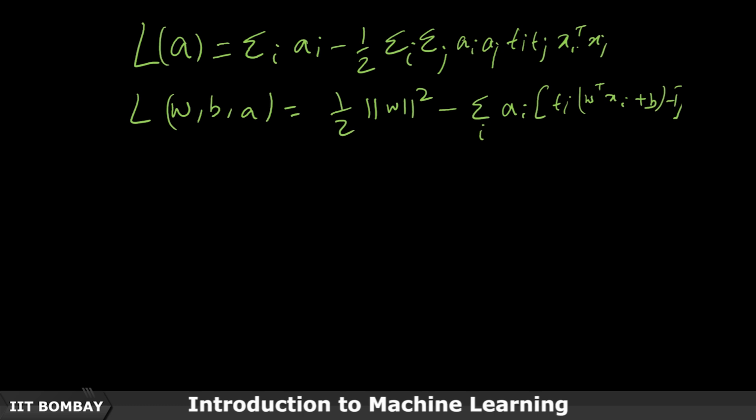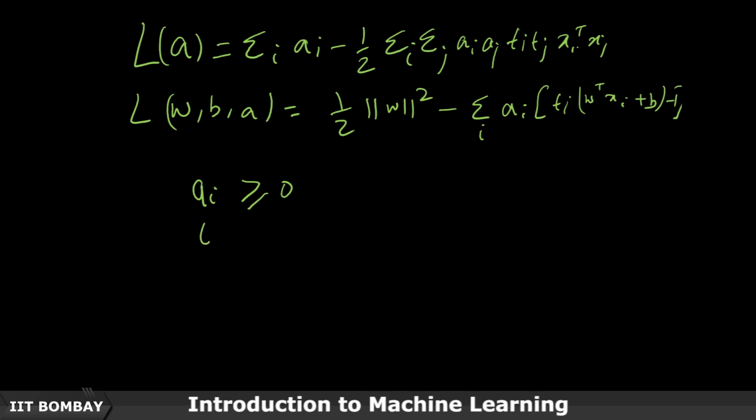Now the three conditions that we looked at: g(x) is greater than or equal to 0, lambda is greater than or equal to 0, and then the product of the two is going to be equal to 0, because we will have one of them equal to 0 in both cases. So what we will get here is that a_i will be greater than or equal to 0, we know that already by definition.